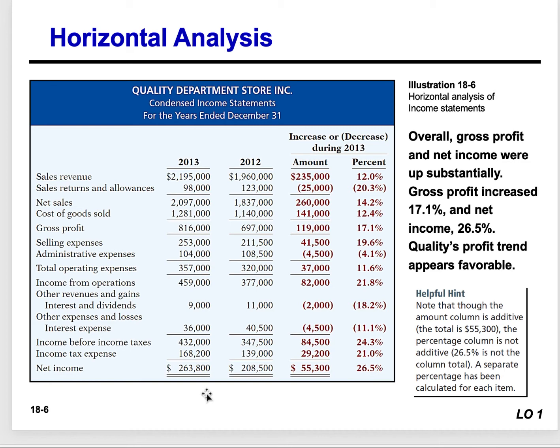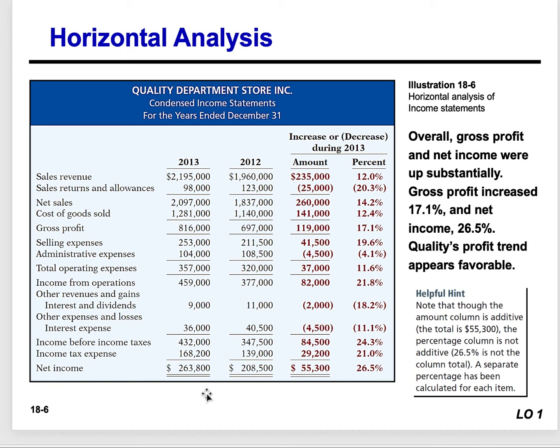Well, it tells us our sales returns and allowances went down. Does that mean we did a better job manufacturing or we did a better job selling products that customers wanted, right? We had good products that didn't need to be returned, that weren't defective or anything like that, right? So again, we learned how to do the journal entries and record everything. Now we can actually analyze and say, how are we doing? Are we doing better?